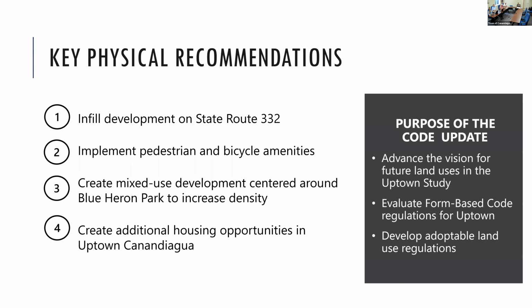The key physical recommendations that came out of the Uptown plan really focused on infill development along Route 332 in a manner that would help to promote improved and enhanced pedestrian and bicycle accessibility, and then also looking at mixed-use development opportunities, really focused around Blue Heron Park, and increasing density both along 332 and on those vacant parcels surrounding Blue Heron Park. The purpose of the code update, as I already mentioned, really is to facilitate and advance that vision for Uptown.